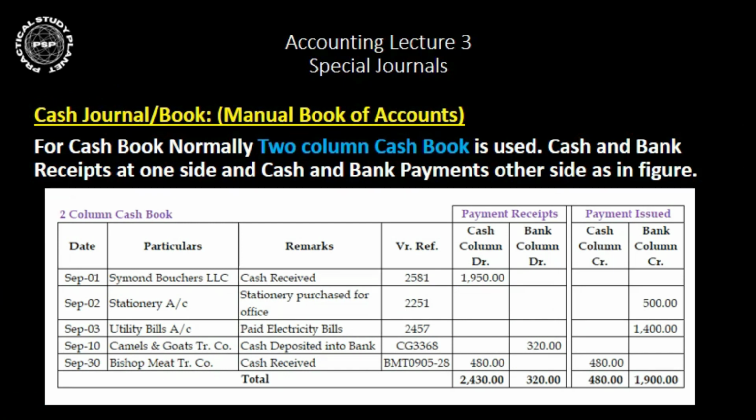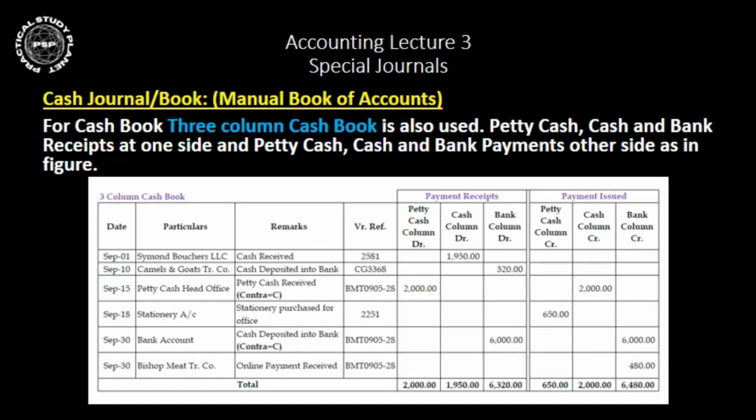Cash journal, mostly people study that one. The 2-column cash book is there, cash and bank. While posting, on the receipt and payment side, the receipt will be the debit and the payment will be the credit side. In the cash journal books, manual books of accounts for cash, a 3-column cash book is also there.